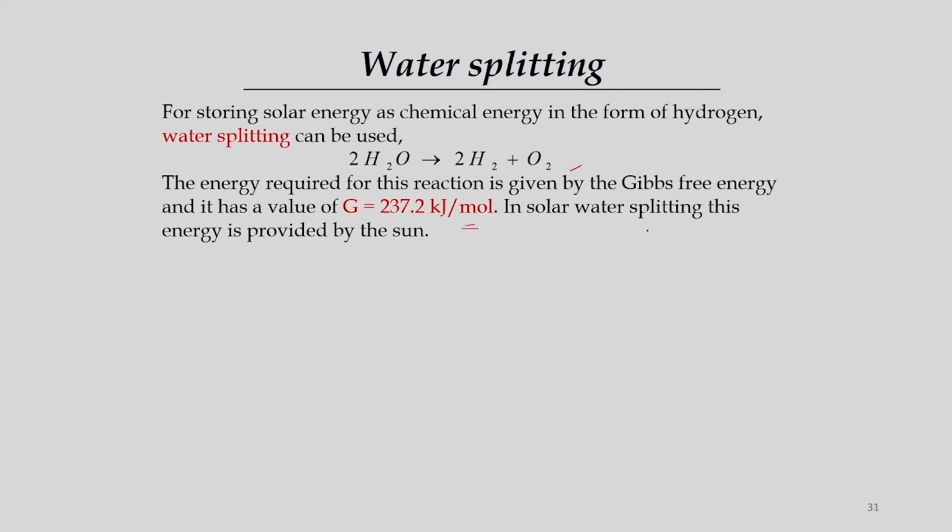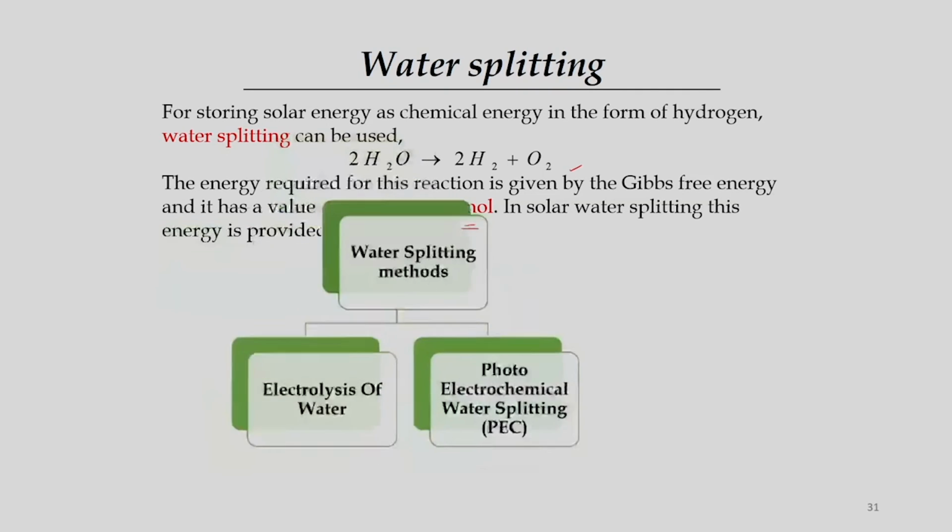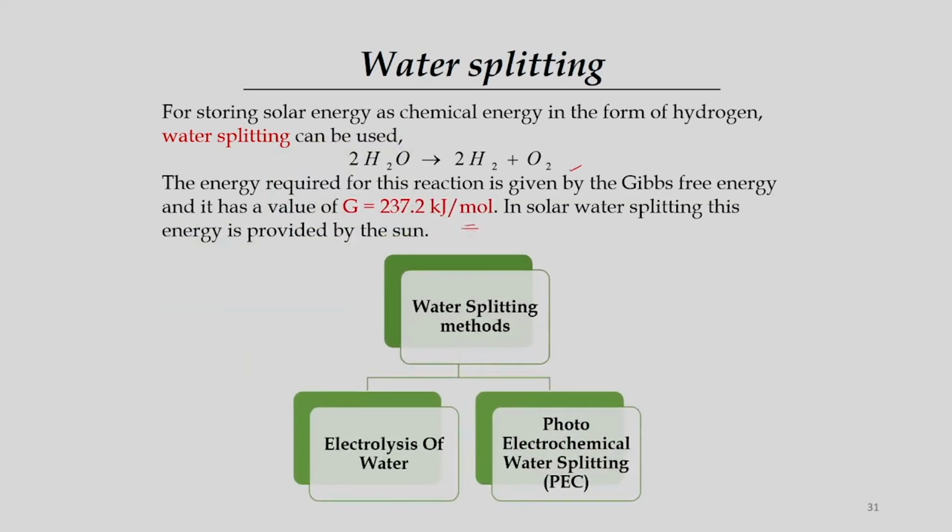In solar water splitting, the energy required for water splitting comes from the sun. There are different methods of water splitting: one is electrolysis of water and the other is photoelectrochemical water splitting.